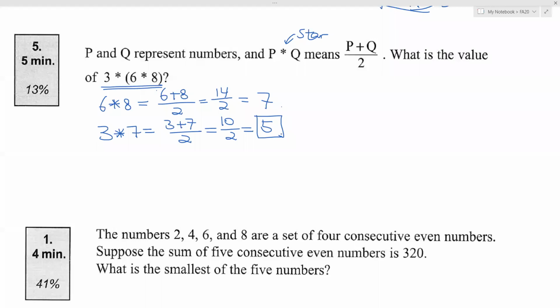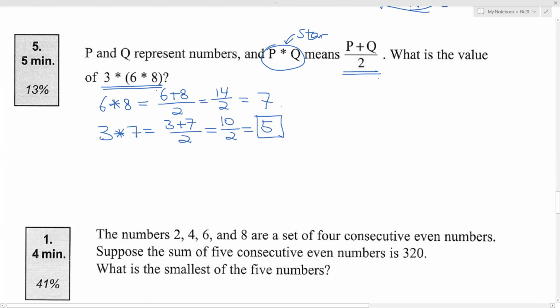So it basically is saying, we're defining this thing with this formula. So P and Q, you basically just P is 6, Q is 8. And after you figure out the quantity inside of the parentheses, then P becomes 3 and Q becomes whatever comes out from this parenthesis.